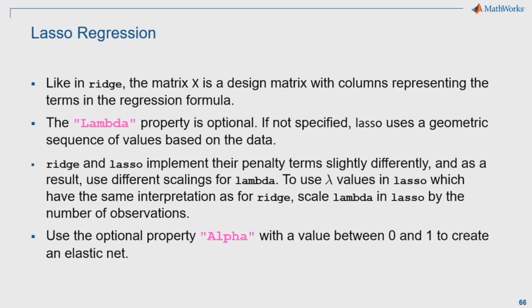To use the same values, you should scale the lambda values in the lasso case by the number of observations. So this is a difference between the two algorithms to keep in mind.